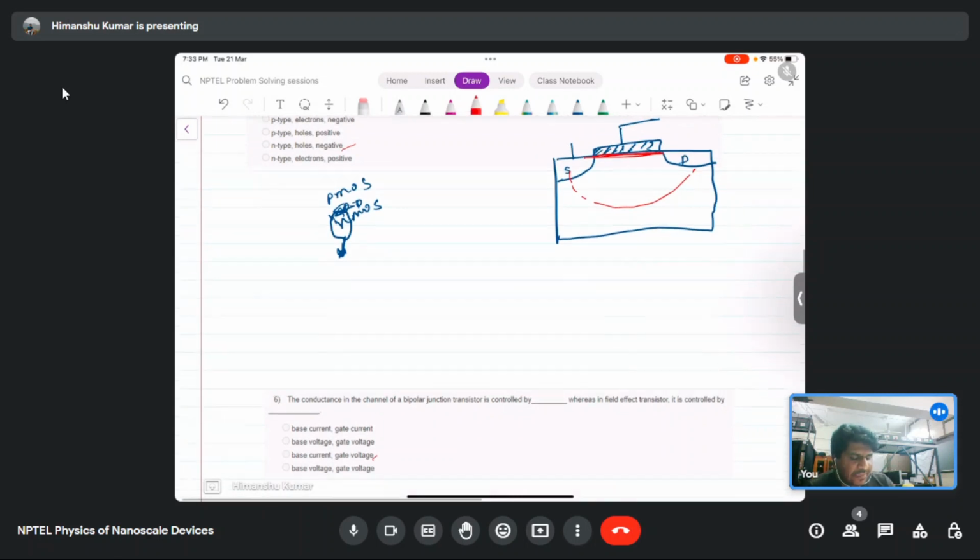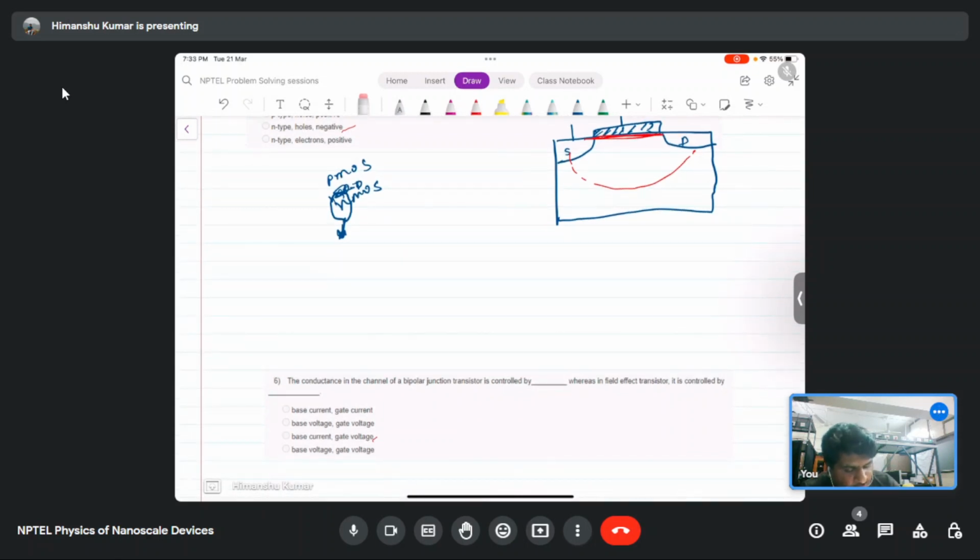Otherwise, if we don't apply the gate bias and draw the band diagram across this cut line, it will look like this.